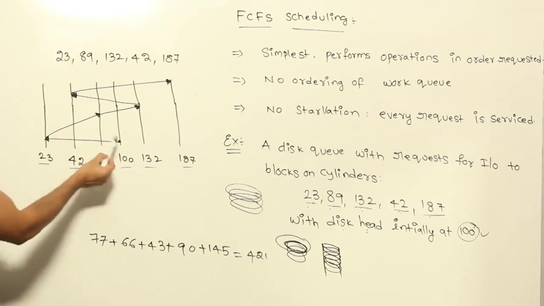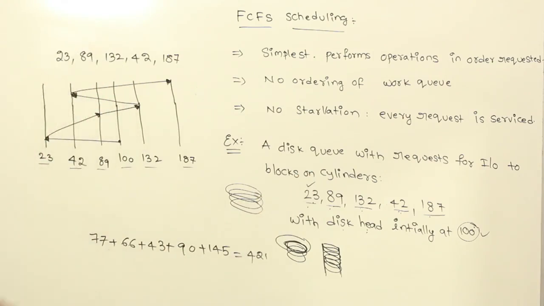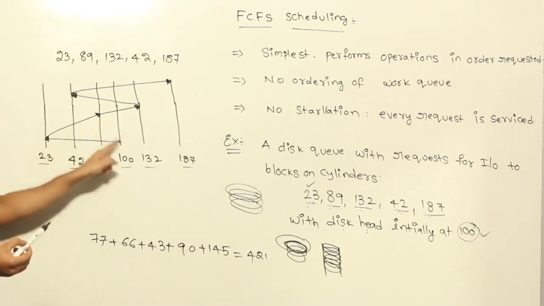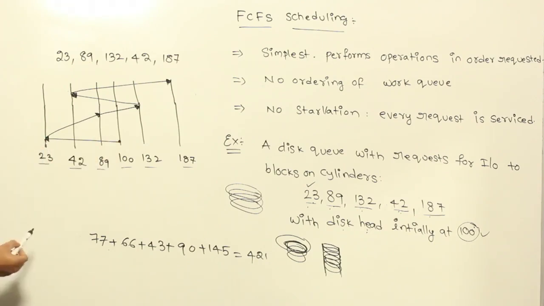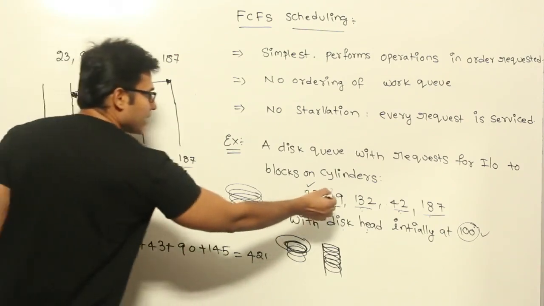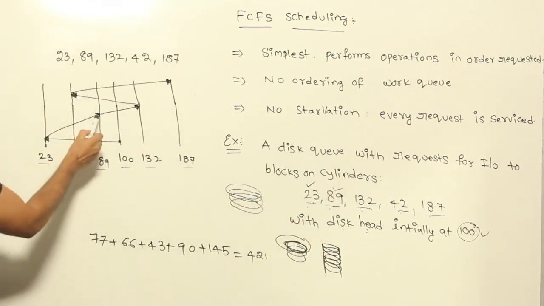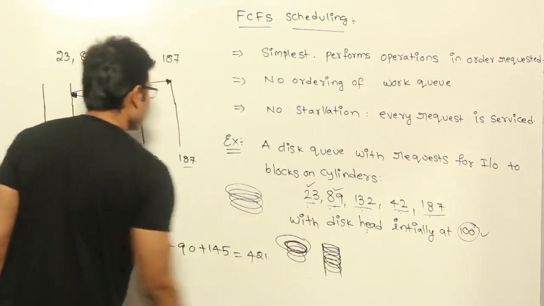From 100, according to FCFS, we have to service 23 first, isn't it? Therefore from 100 I have to go to cylinder 23. This entire thing needs seek time, as I am moving the read write head from here to here. After servicing the request at 23, I have to go to 89. From here I'll go to 89, and after servicing 89 I have to go to 132.